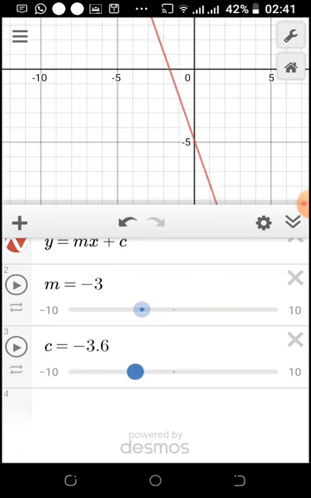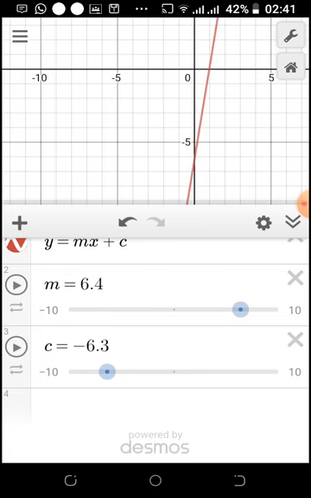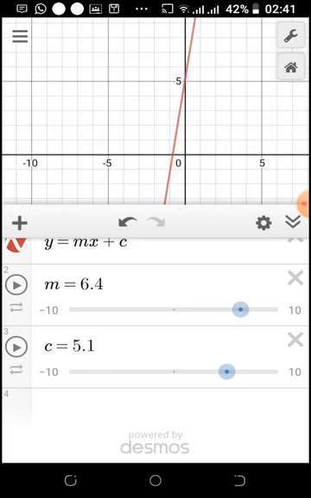If I change the value of c, where the line will be cutting the y-axis will change. And if we make the value of m positive and we keep moving c, where the line cuts the y-axis will change.